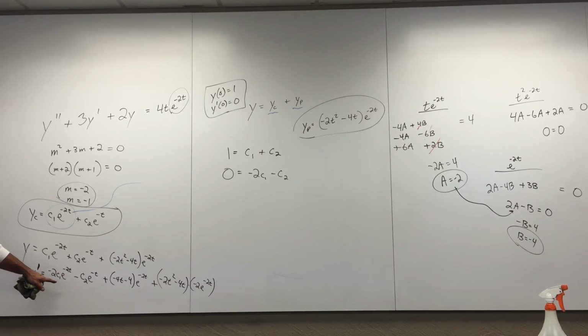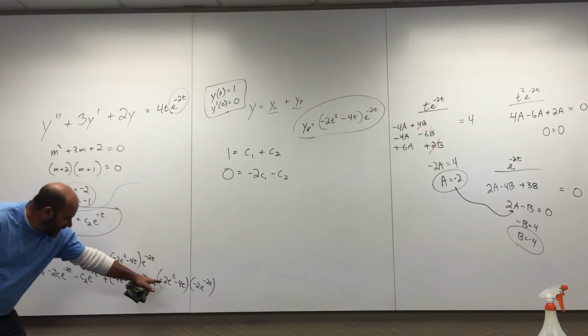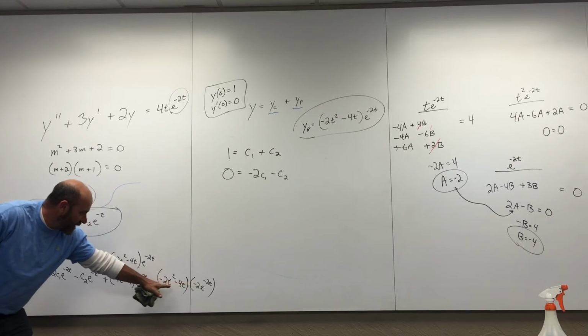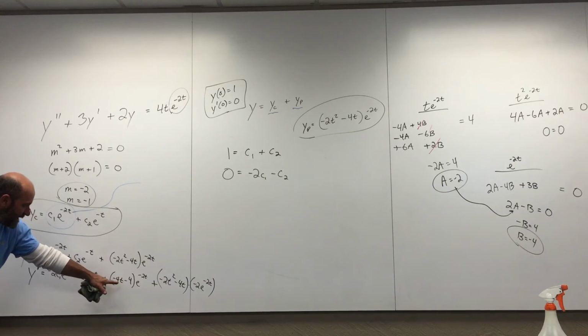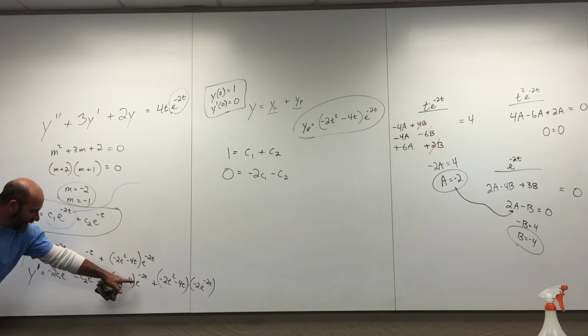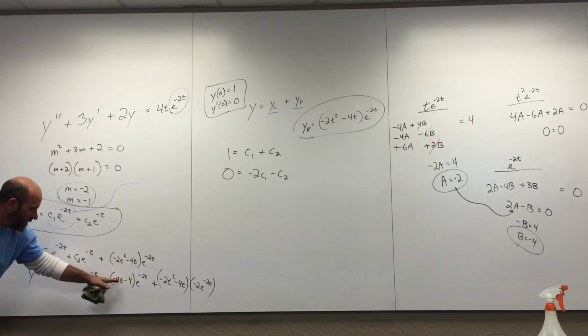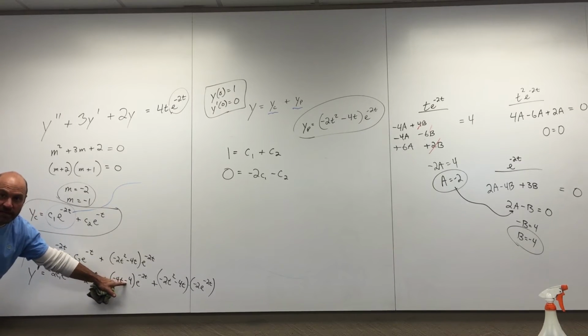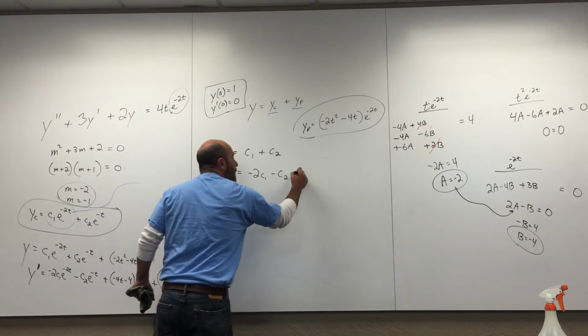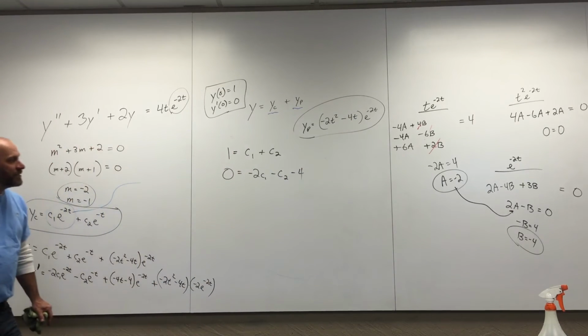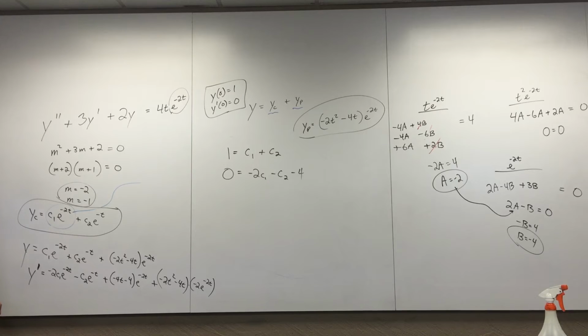Minus 4. If I plug in a 0 over here, all that's gone, right? That's a big 0. But right here, that's e to the 0, which is a 1. That's a 0, but that's a negative 4. I get a little negative 4 there. Woohoo! All right, now I'm solving these two equations, two unknowns. I'll get C1 and C2.